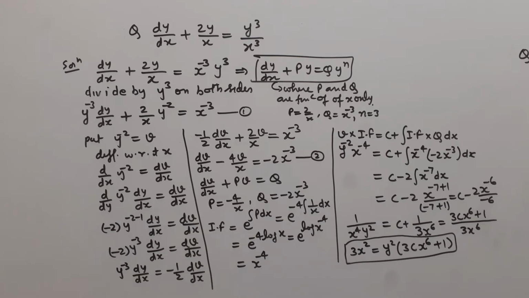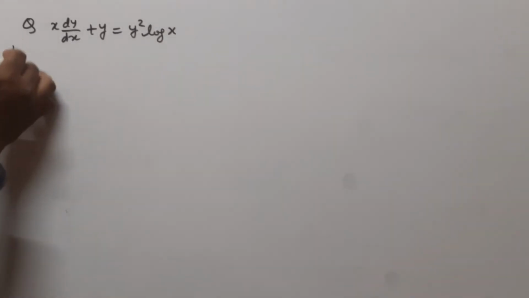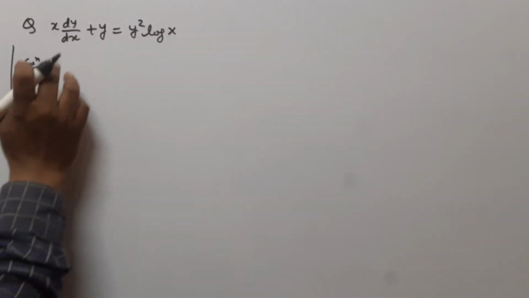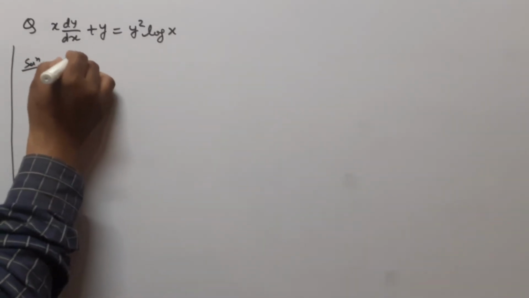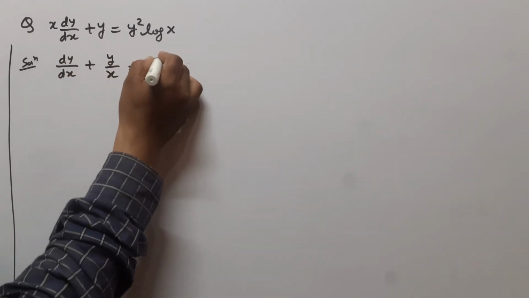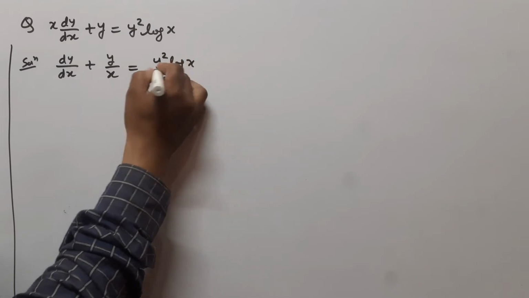Now we solve the next question. It is given that x dy by dx plus y is equal to y square log x. So for solving this, first we can see this is dy by dx plus y divided by x plus y square log x upon x.